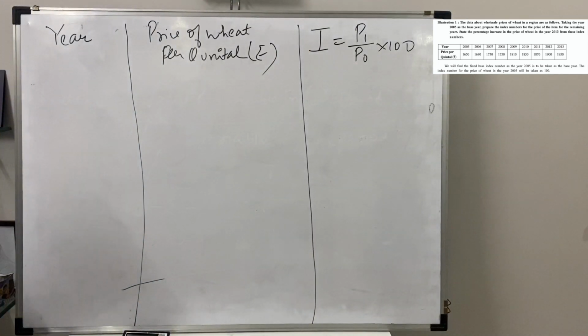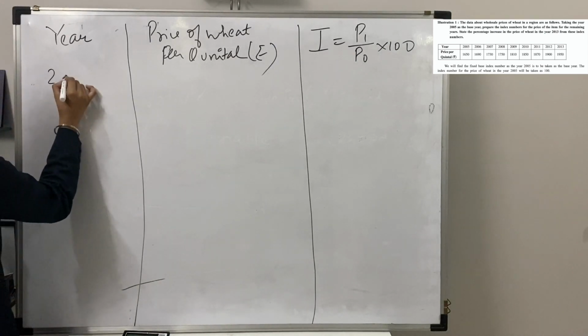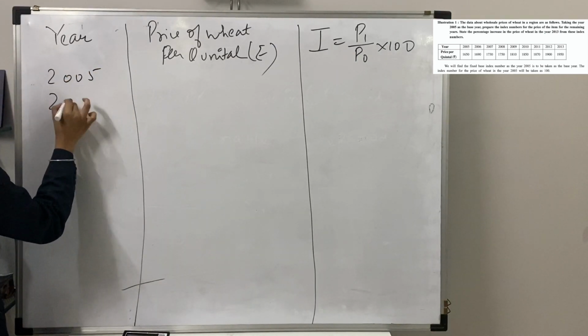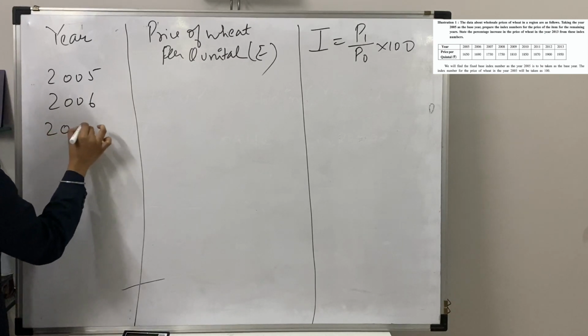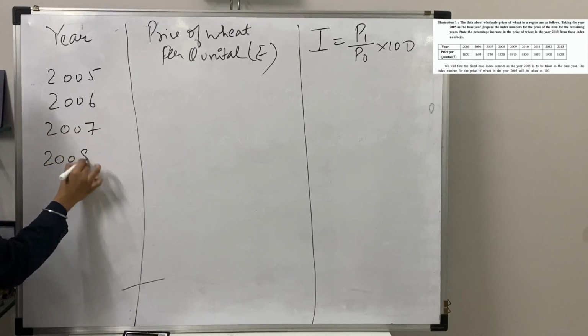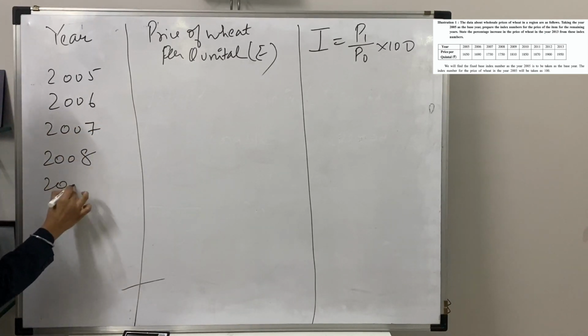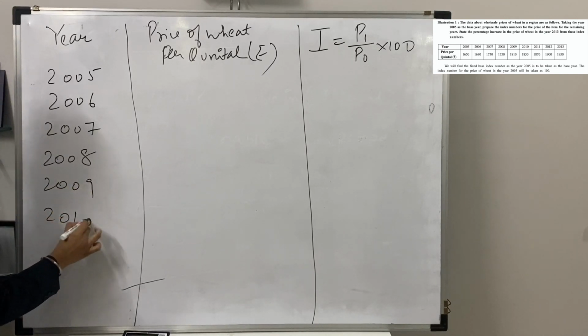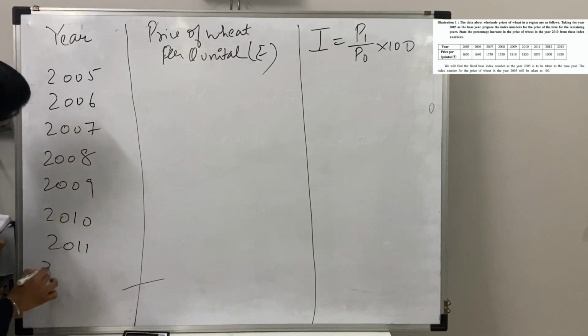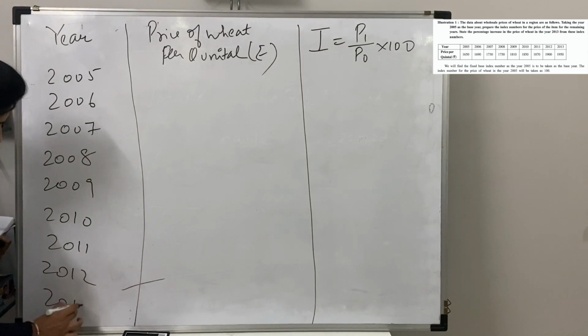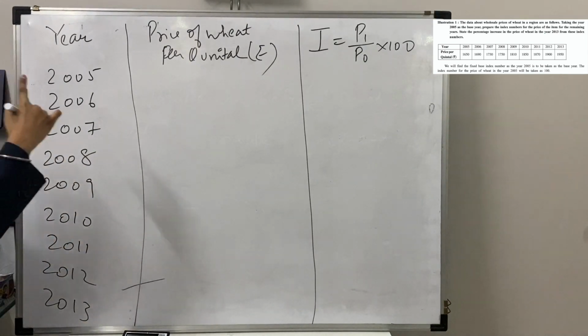Now coming to the solution, we are given years as 2005, 2006, 2007, 2008, 2009, 2010, 2011, 2012, 2013. These are the basic years given in your question.